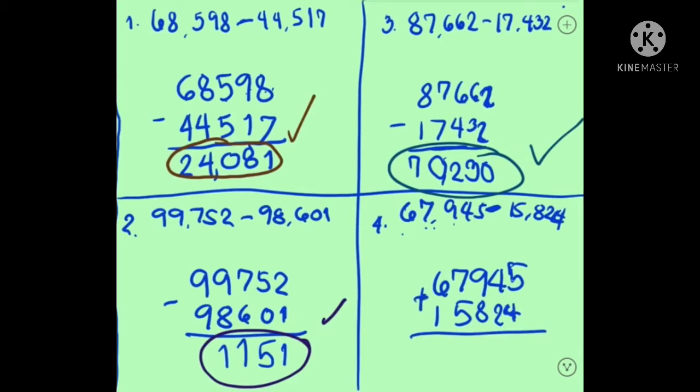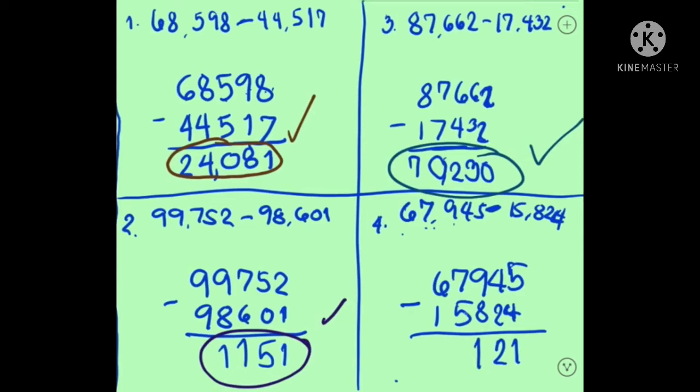Okay. Let's solve now. Oh, this one is not plus. It must be minus. Why did I put plus? Okay. 5 minus 4 is super easy. 1. Correct. 4 minus 2 is 2. 9 minus 8. 1.